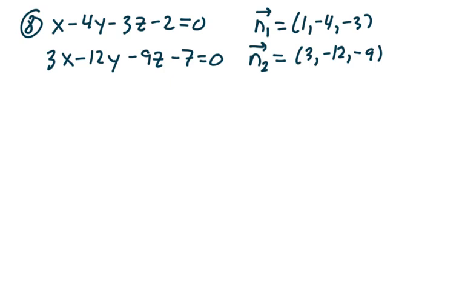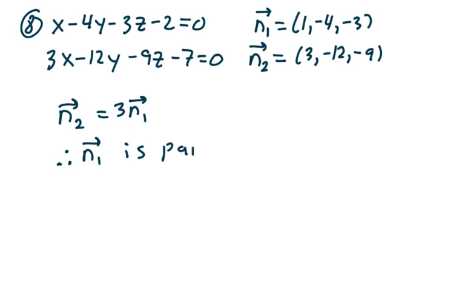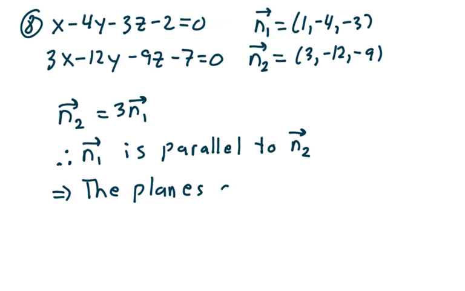Now, notice, n2 is equal to 3 times n1. And so therefore, n1 is parallel to n2. And if the normal vectors are parallel, that implies the planes are parallel. I hope that makes sense, or that's reasonable.